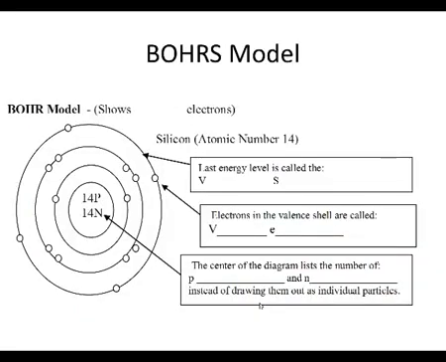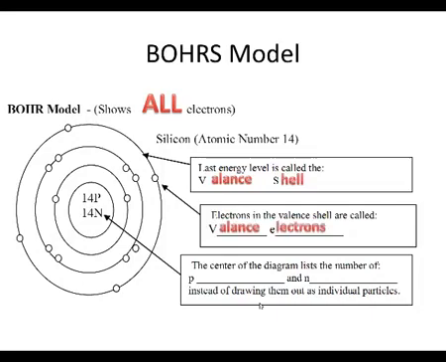So the Bohr's model. This is a quick review from the worksheet that you guys have. The Bohr's model shows all electrons. And in this case, we're looking at a silicon atom. The last energy level in an atom is called a valence shell. Electrons in the valence shell are called valence electrons.